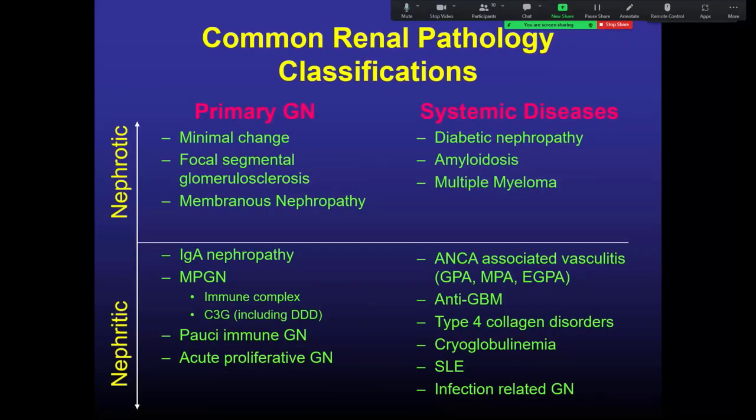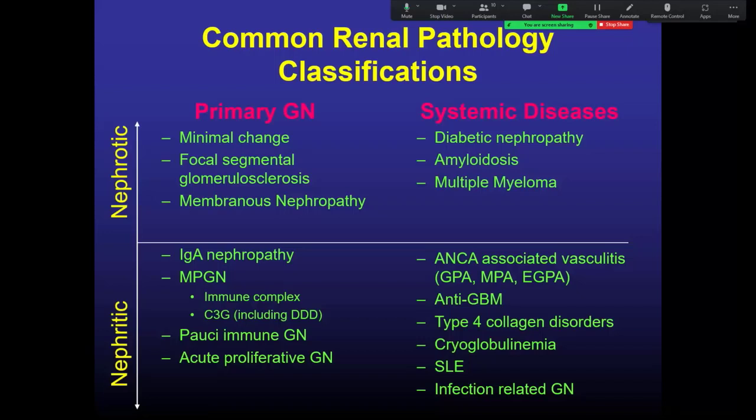This is a general overview of nephrotic versus nephritic syndromes, and obviously there's a lot of overlap, but these are some of the common classifications that we see. The focus of today's talk is primarily going to be primary nephrotic syndrome: minimal change disease, focal segmental glomerular sclerosis, which I will be calling FSGS for the rest of the talk, and membranous nephropathy.